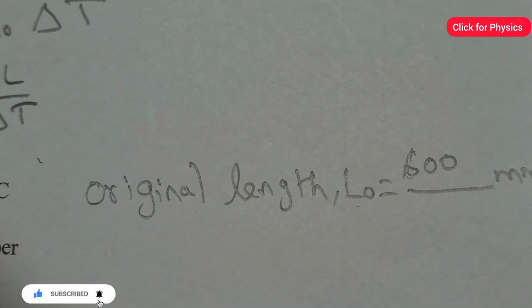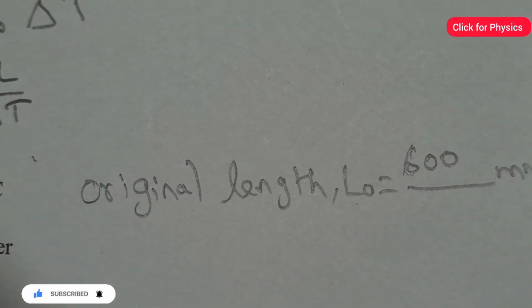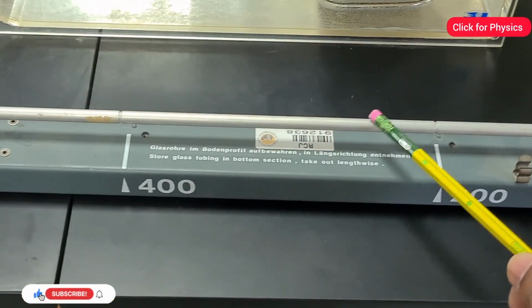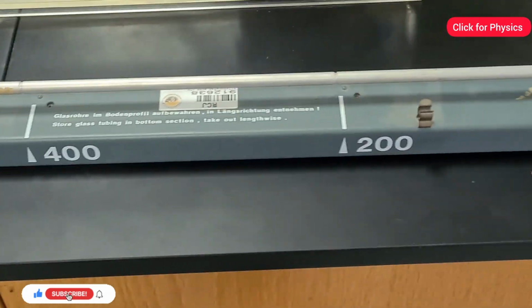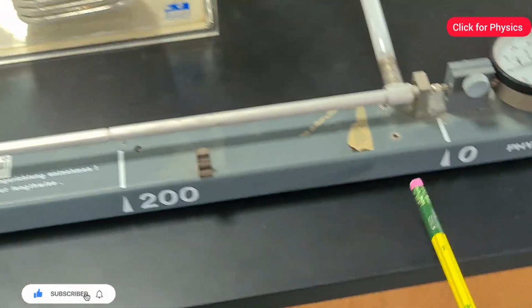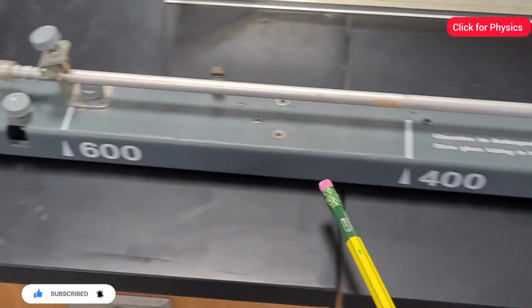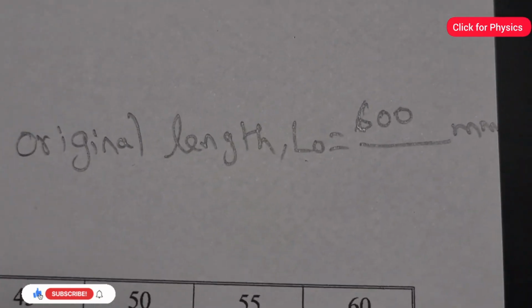As I already mentioned in the previous video, we took the initial length of the rod as 600. Anyhow, I will show it here. The rod we are going to use for this experiment is this aluminum rod, and you can see the range we are going to consider is from 0 to 600 millimeters. So the total length of the rod is 600 millimeter, and that value is written here.